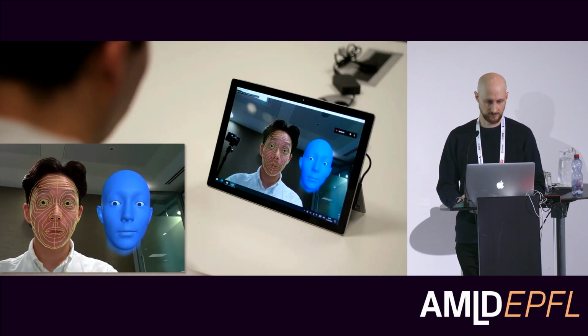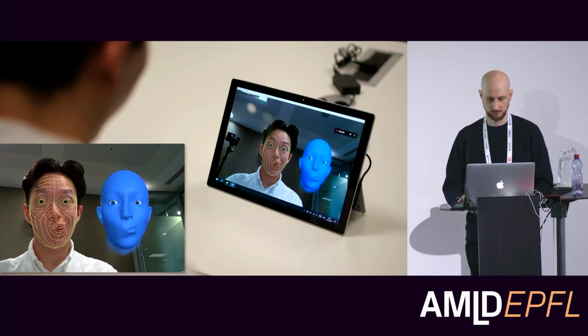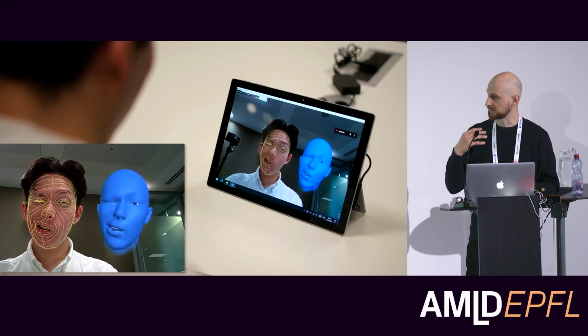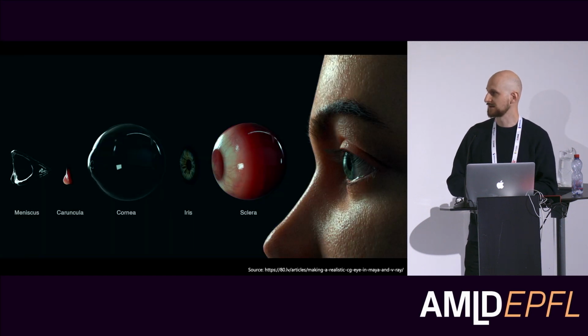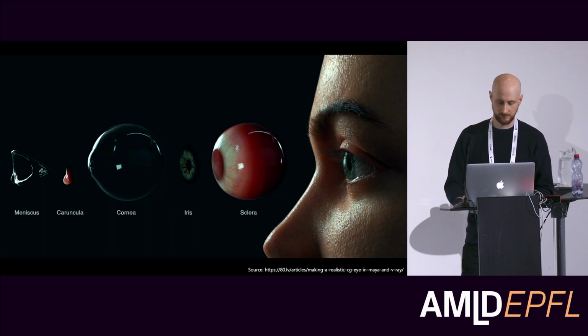So we just covered how we can potentially tackle tracking the full body, but also the head. And the other big theme that we said we would talk about is enrollment. Here again, enrollment is how do we go from someone that exists in real life to their digital counterpart.